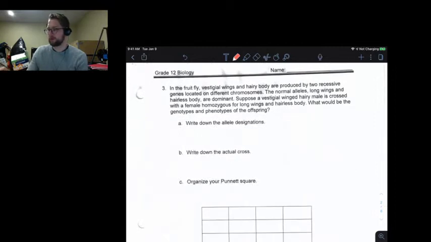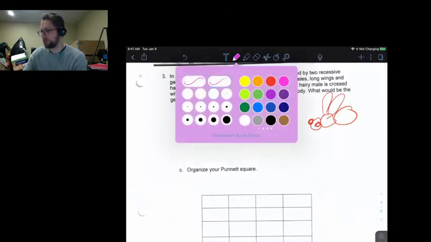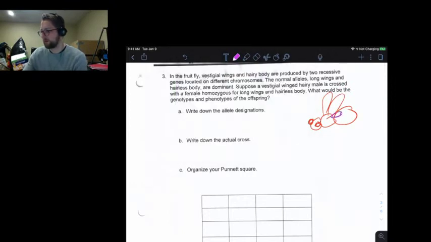Okay, so let's see if this one looks a little more tricky. This one has always given problems with my students. They do not like the vestigial wings and hairy body as terminology. So in the body of the fly, which kind of looks like this, there is a case where some flies are born with an extra pair of wings, sometimes not even a full pair, but they'll get a little extra wing down here.